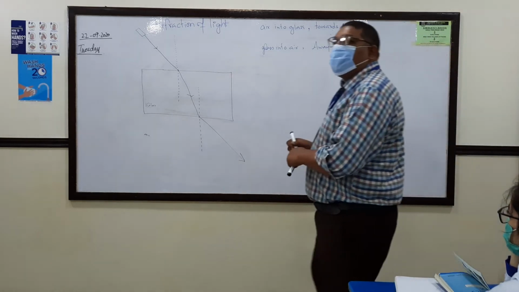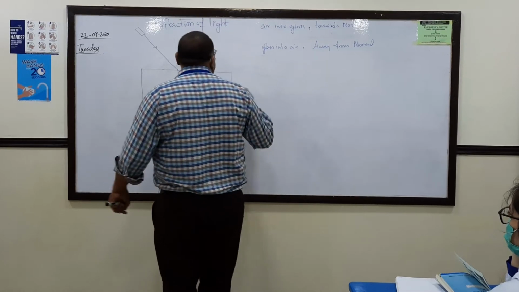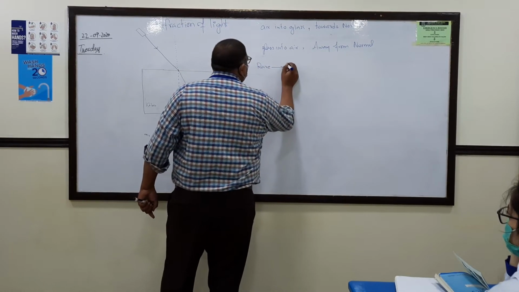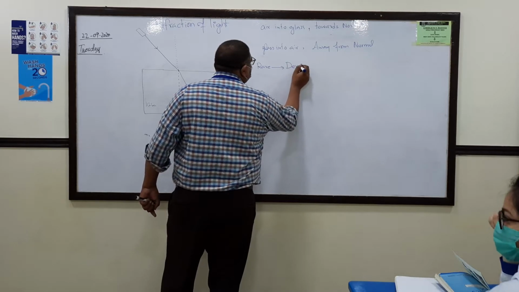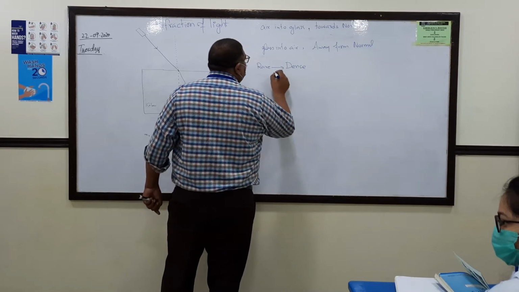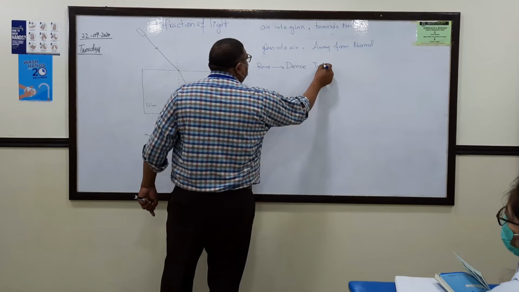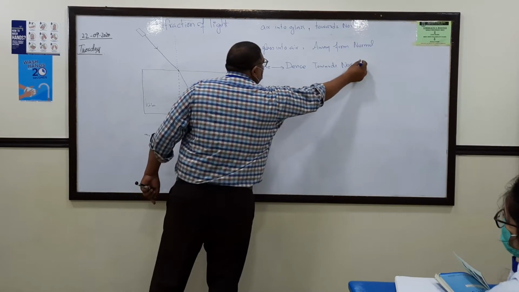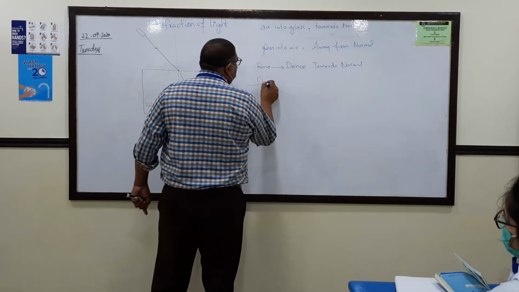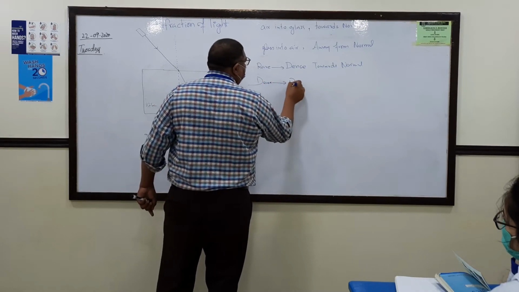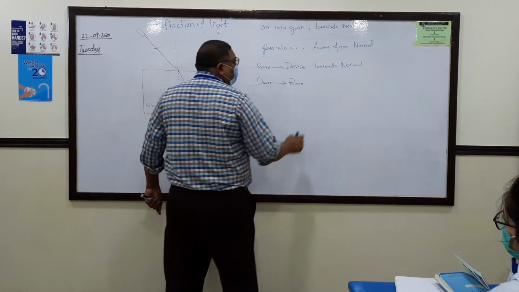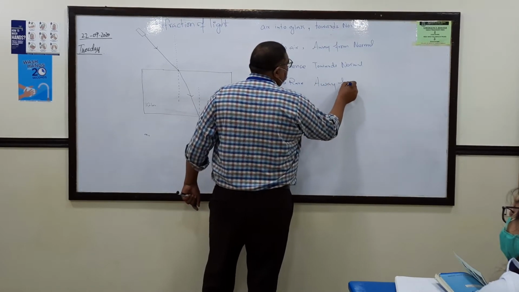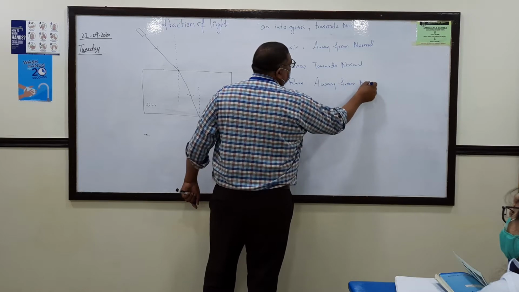In simple words, if the light enters from a rare medium into a dense medium, the light will bend towards the normal. But if the light enters from a dense medium into a rare medium, it will bend away from the normal.